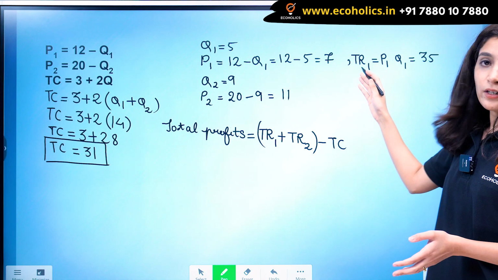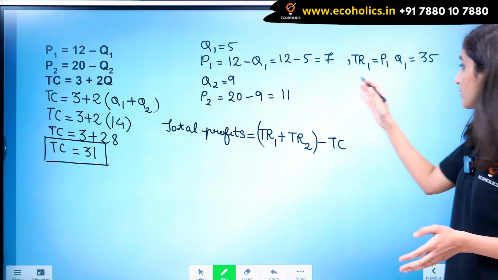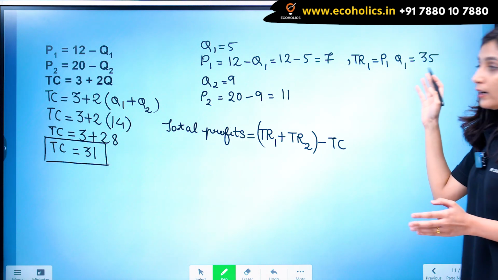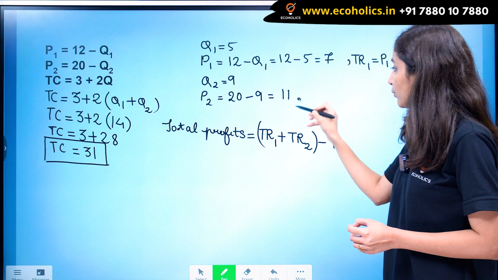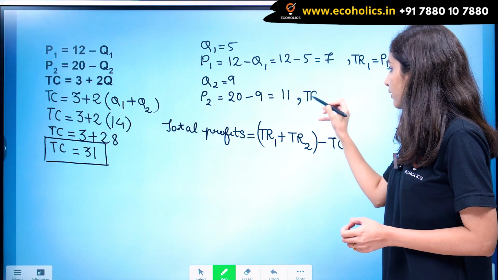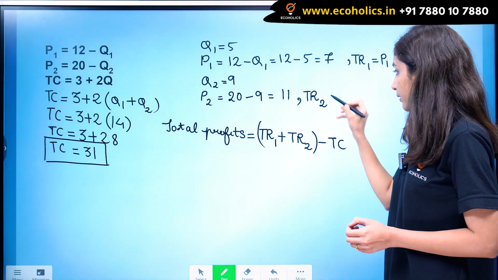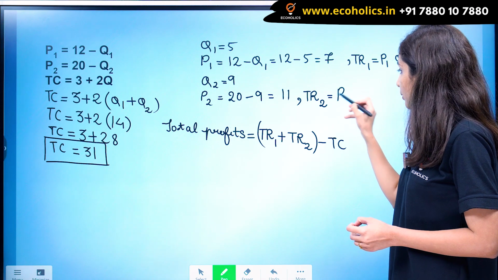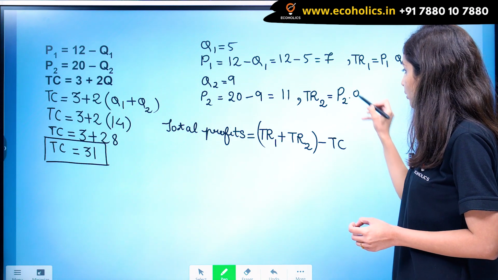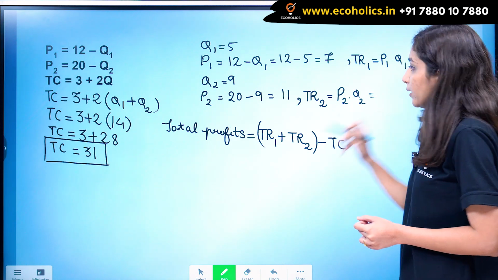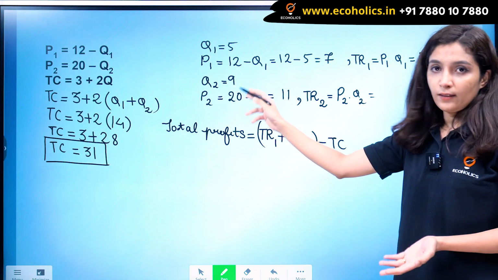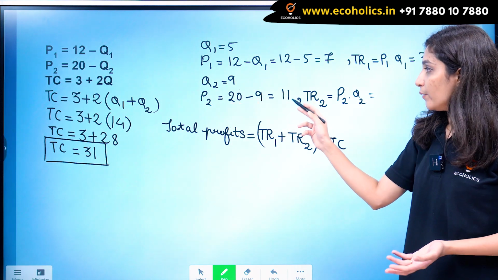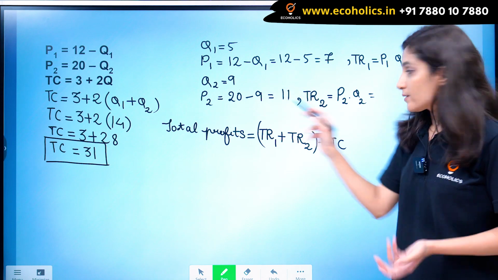So, total revenue in the first market is equal to 35. Then, we have total revenue in the second market, that is equal to P2 into Q2. Now, Q2 is 9 and P2 is 11. So, 11 into 9 is 99.